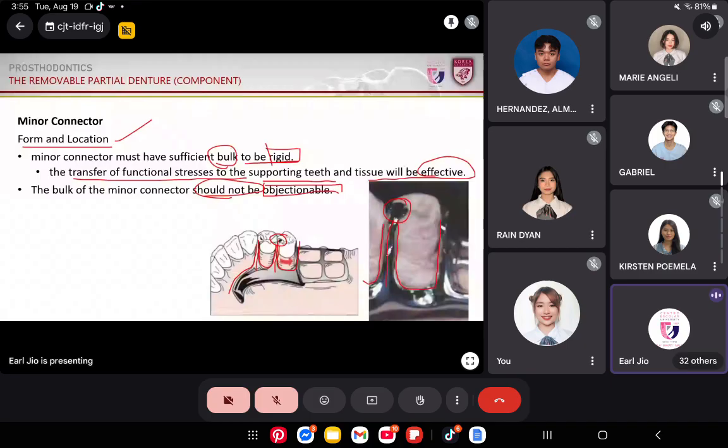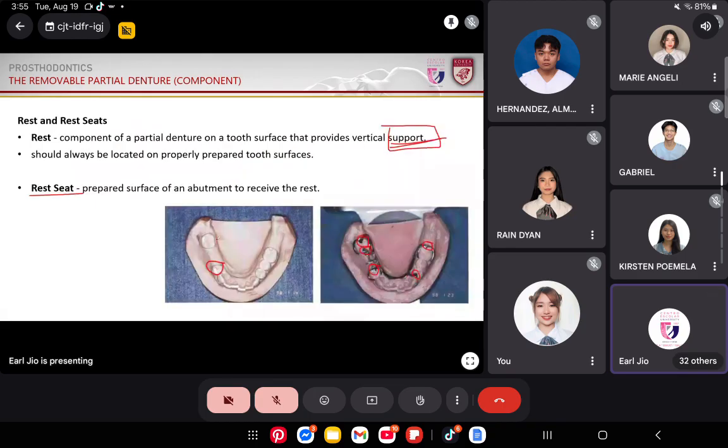So, this is our minor connector, from the major connector papunta sa component natin. The design of our minor connector should have sufficient bulk and at the same time should have rounded borders. So anything in our design dapat rounded siya. Dapat walang sharp angles.